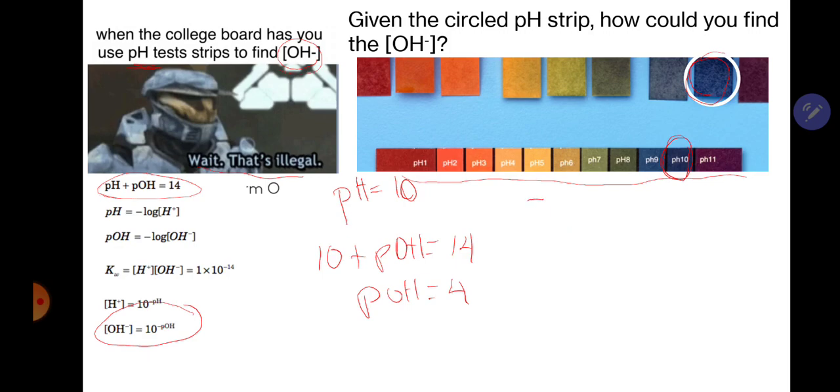So now I go back and I plug that into the formula. In the end, our concentration of hydrogen ions is 10 to the negative 4. You might see it as 1 times 10 to the negative 4. Same thing. We can put molar if we want to put units. All the same thing.